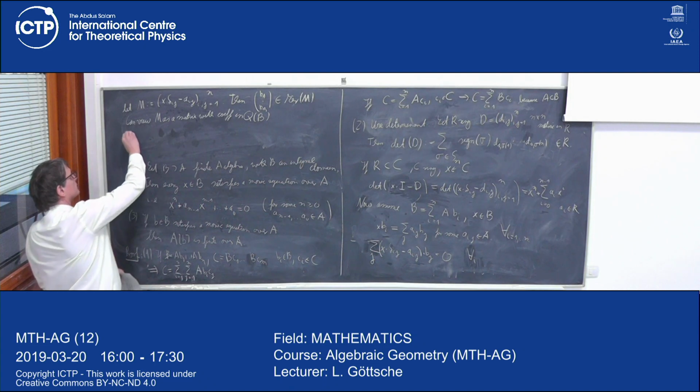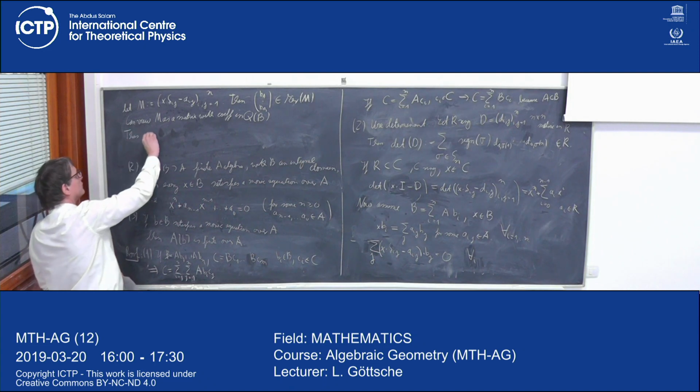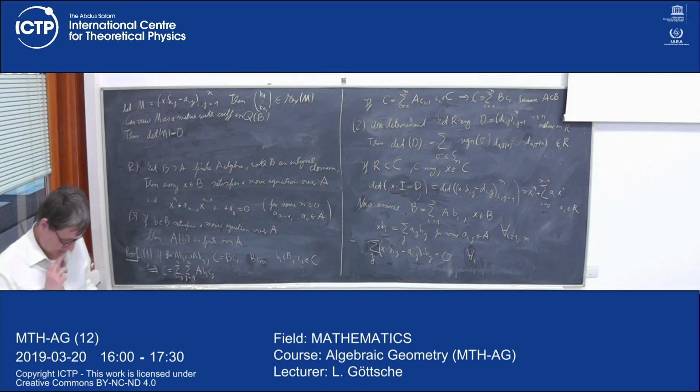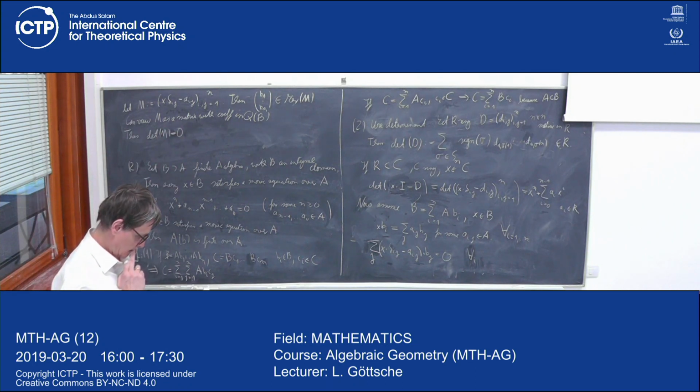So thus the determinant of M is equal to 0, and so this is the monic equation.